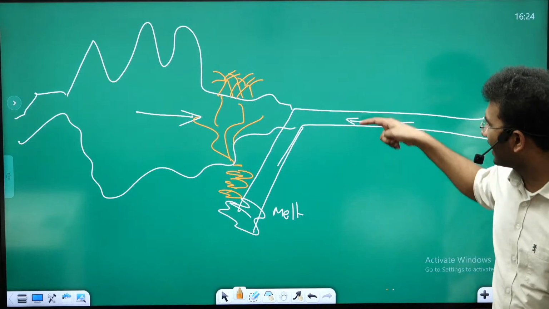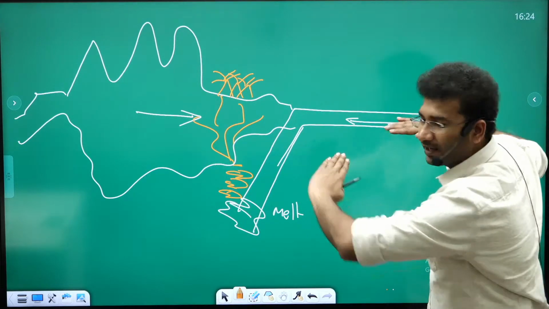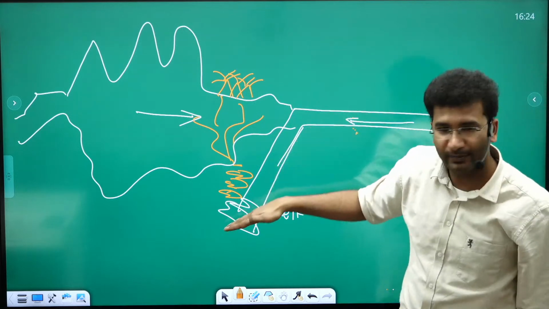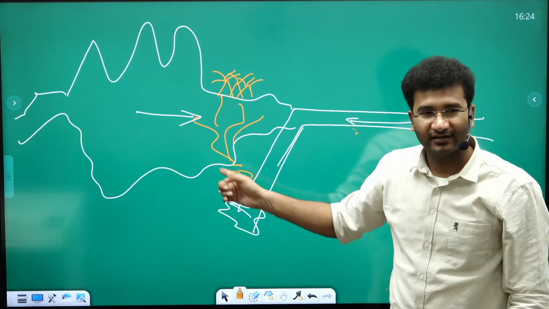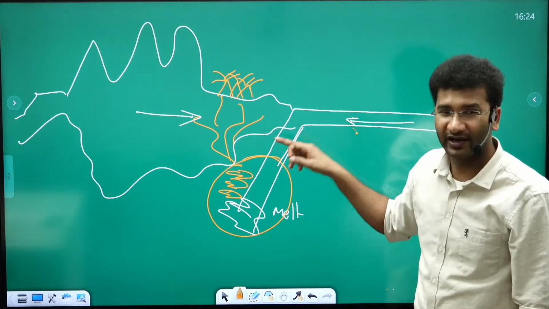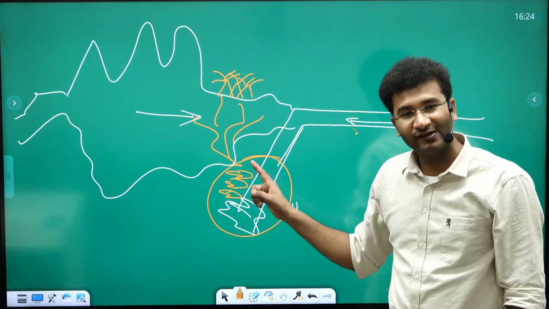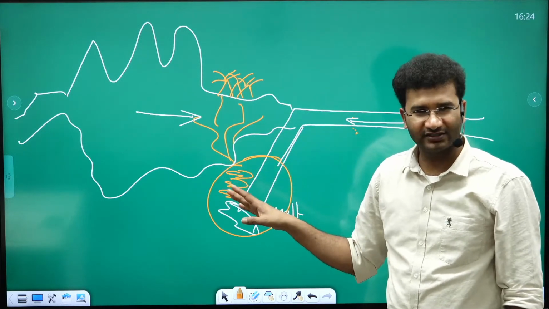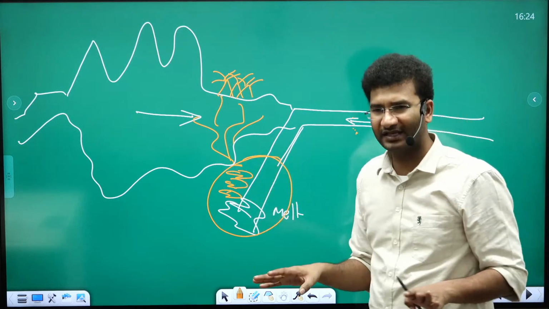Right? When both the plates collide, the density of this plate is high and this plate will go and melt. While it is melting, it creates the magma. Now why this is melting, why this is going, we will learn in a very detailed manner in geomorphology, but this is the basics class.